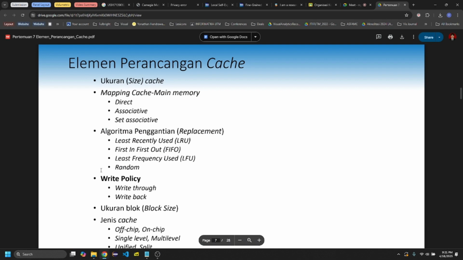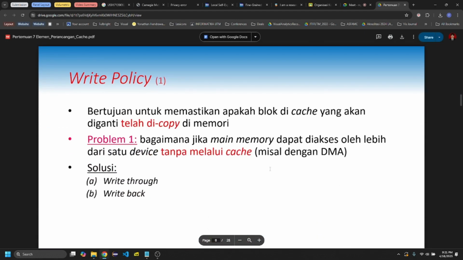Now, going on to the next topic, write policy. The aim is to ensure that a block in the cache that will be replaced by another value, or will be updated or modified, has been copied back to the memory.